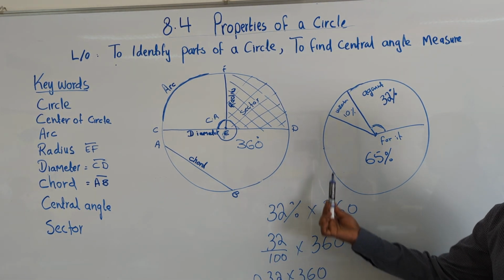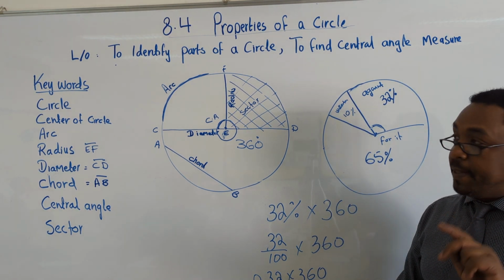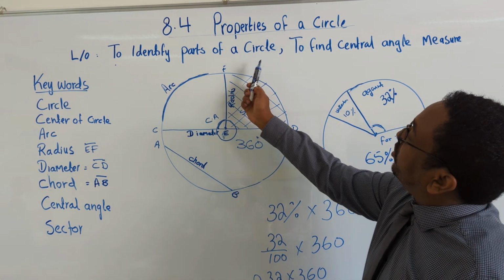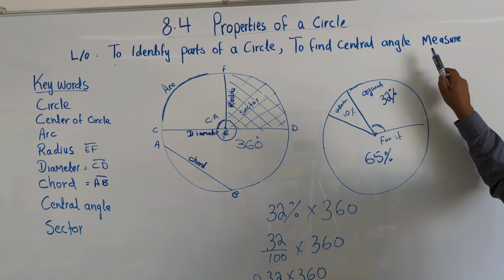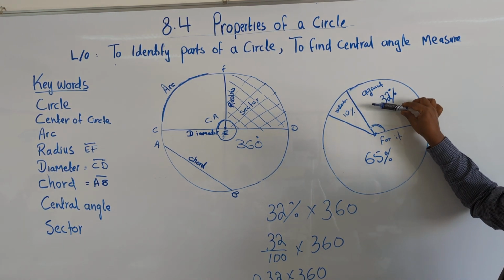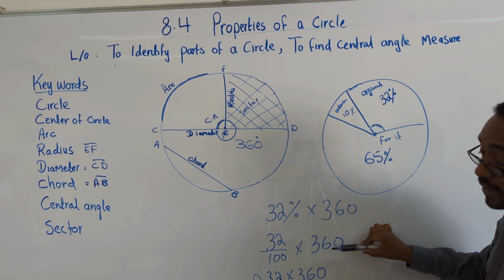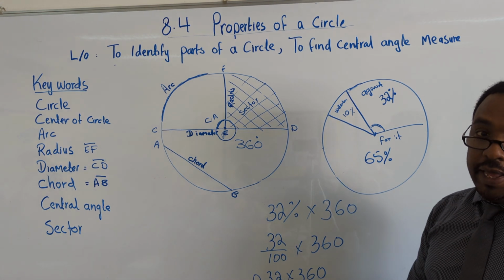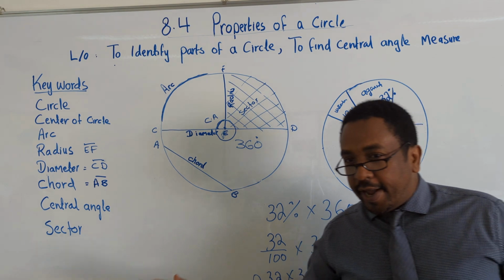So I hope you will all be able to find the angle if I ask you. We learned two things today. The first, we can identify parts of the circle, and we can find the central angle measurement, which is what we did here. How do we do it? We multiply the percentage of the angle by 360, and that will give us the measurement, the degree of the angle. Is that clear, girls?